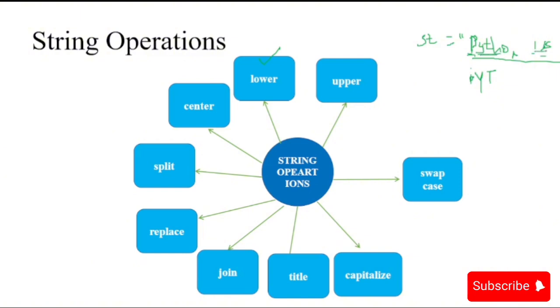Same for "is": it will convert I to uppercase and S stays lowercase, and for "easy", it will convert E to uppercase and the rest will be lowercase. That is the capitalize string operation. And then we have title. Title converts the first character of each word to uppercase and the rest to lowercase.